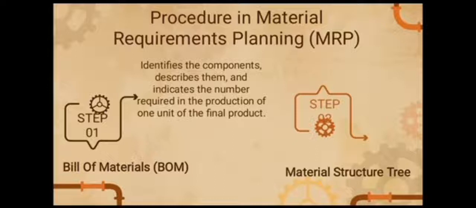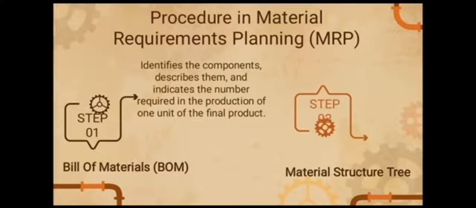So the first step is the bill of materials, or the BOM. In this step, it identifies the components, describes the components, and indicates the number required in the production of one unit of the final output.